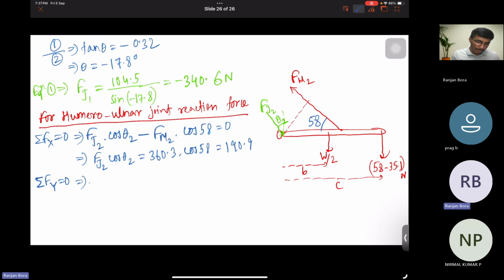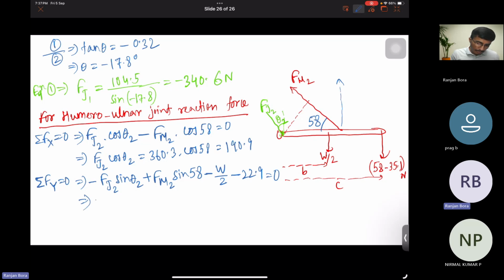And when we do summation Fy equals 0, the y component of FJ2 will act vertically downward, so it will be minus FJ2 sin theta 2, and this will act vertically upward, plus FM2 sin 58, minus W by 2, minus 22.9 equal to 0.